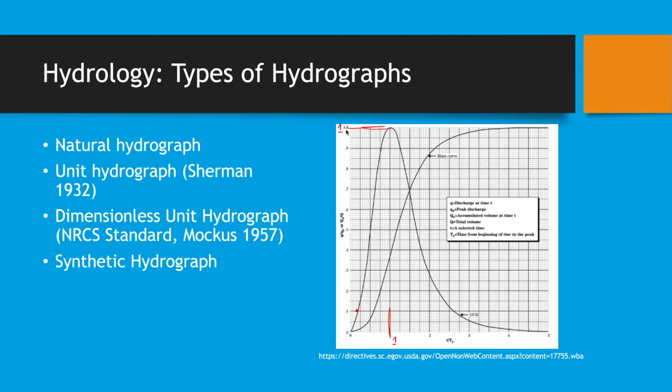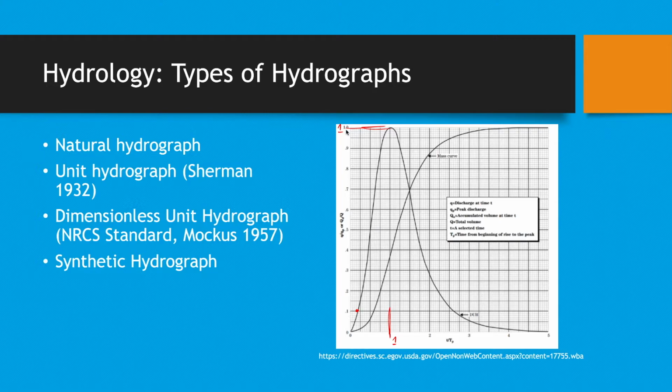And so these are used because they can get away from some of those issues of storm duration. And actually the NRCS has a standard unit hydrograph that was compiled from lots of different data, and they use this as sort of a standard that they can modify to particular basins. And then there's the synthetic hydrograph, which actually doesn't use data at all, really.